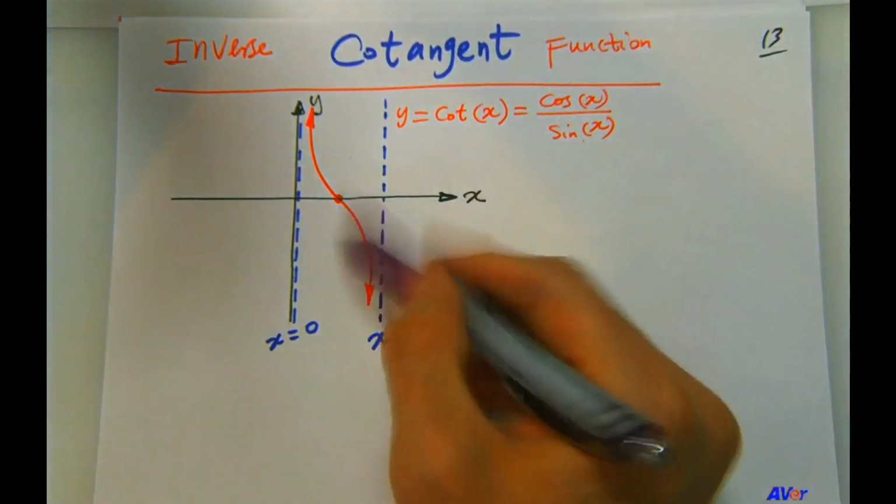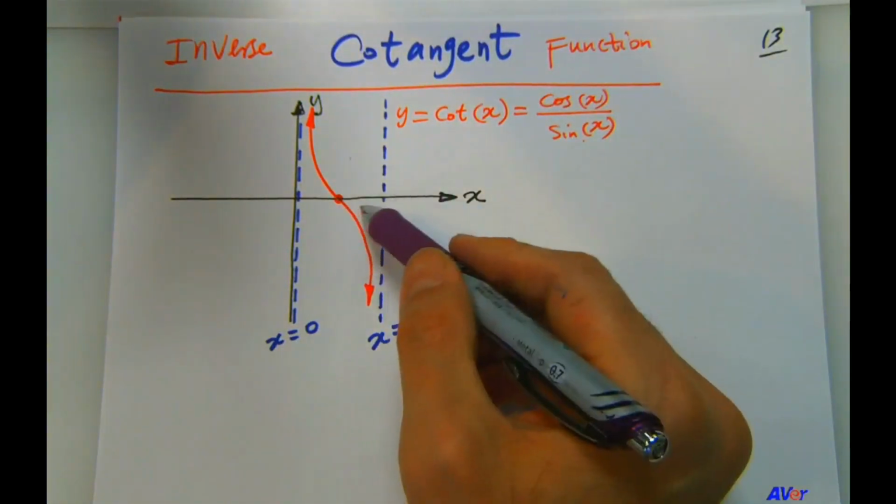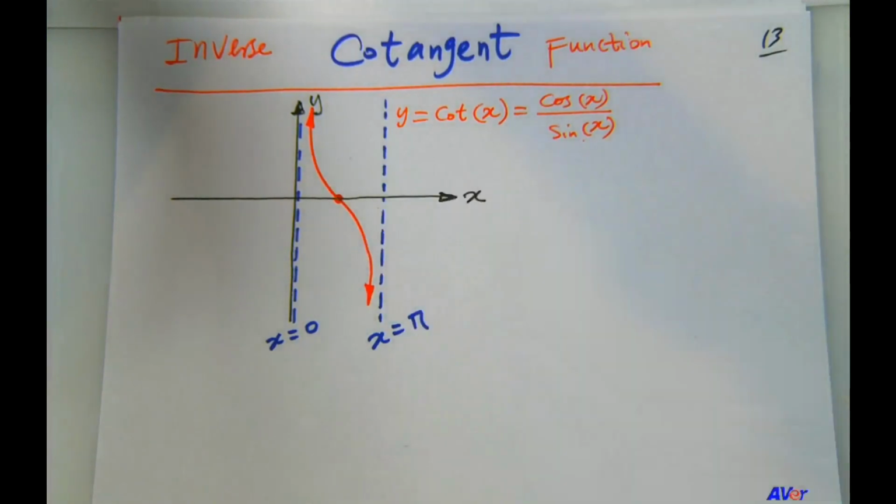Okay, so the domain of this cotangent function, in order for the cotangent function to have an inverse, was restricted, right?